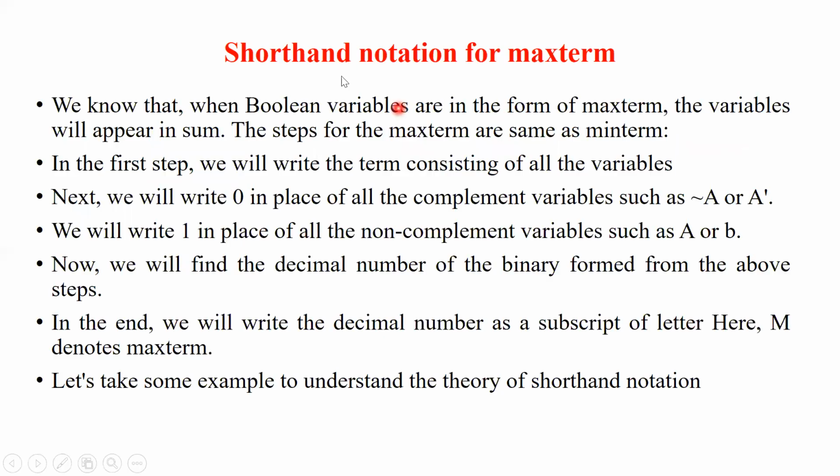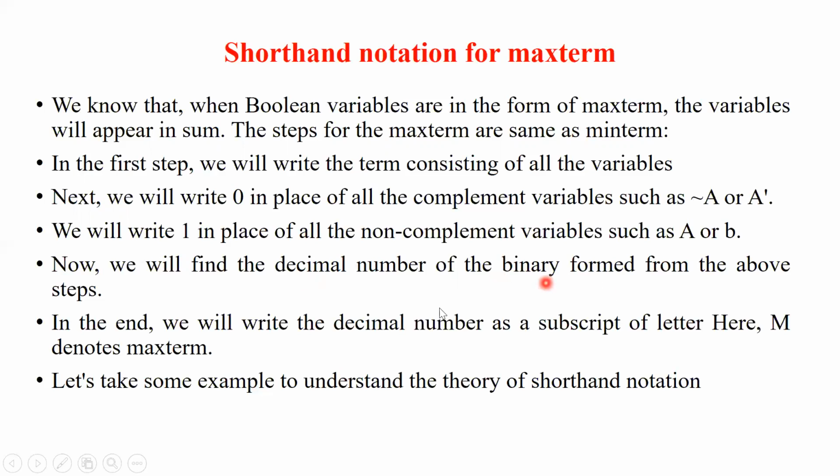Okay, now let us see the shorthand notation for the max term. Okay, so again what we will do is we will write 0 in place of complement, and we will write 1 in place of non-complement. Get a string of binary 1 0. Again we will convert that binary to decimal, same procedure as we did with min term.